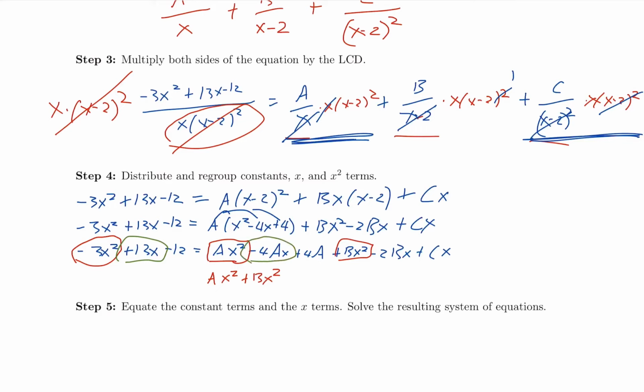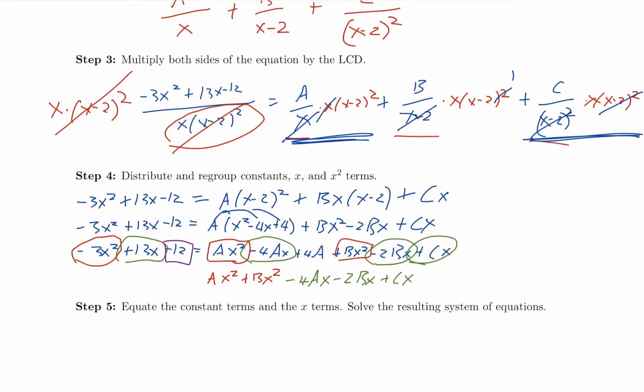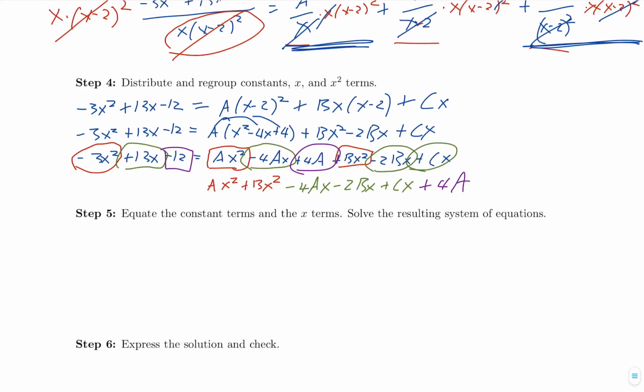This one right here, and this one and this one. So negative 4ax minus 2bx plus cx should give us 13x. Lastly, negative 12. The only one left is 4a. So 4a should give us negative 12. It's helpful to rewrite in terms of collecting like terms. As you notice, this is the x squared term, this is the x term, and this is just the number term.